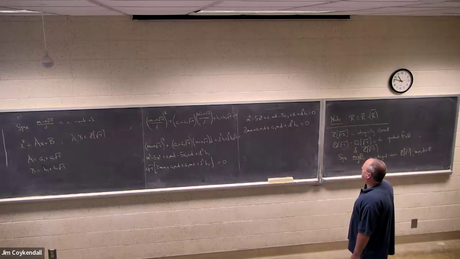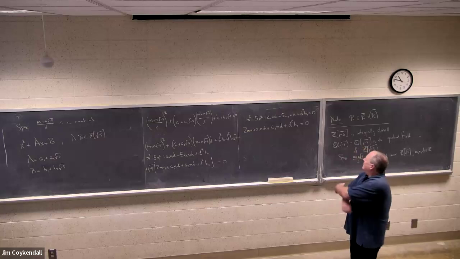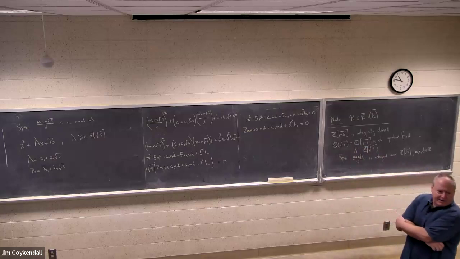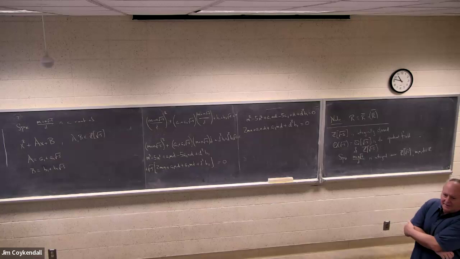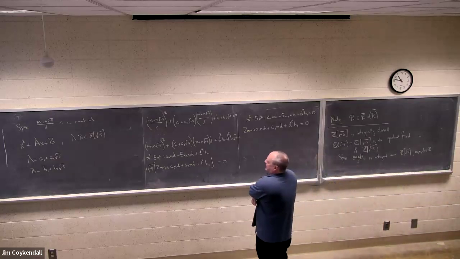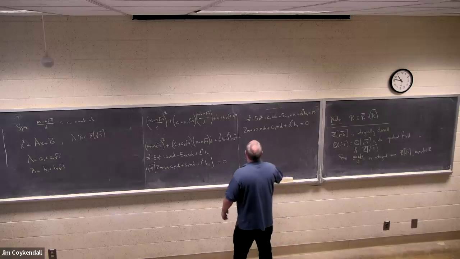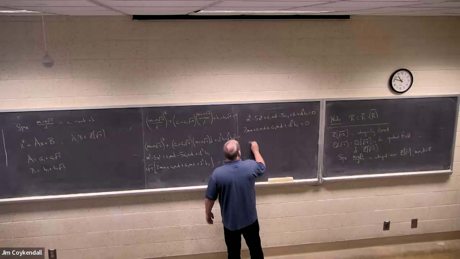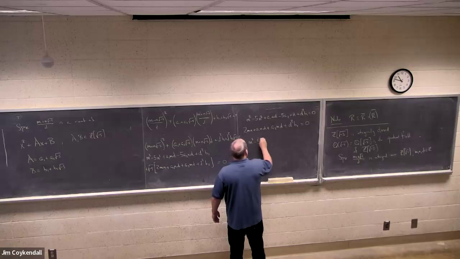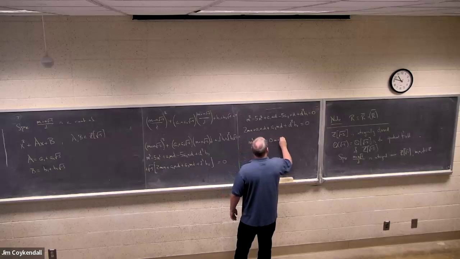Right. Are you okay with that? Where now, D divides m squared minus 5n squared. Right. So let's reduce this mod d, and notice that m squared minus 5n squared is equal to 0 mod d.